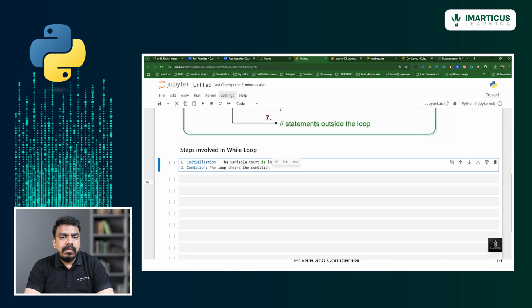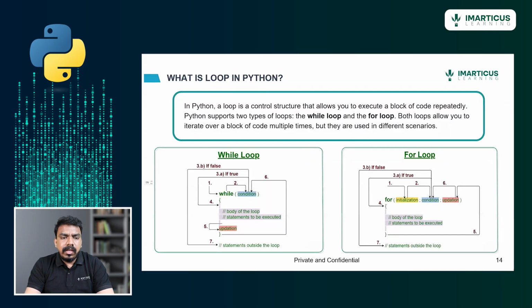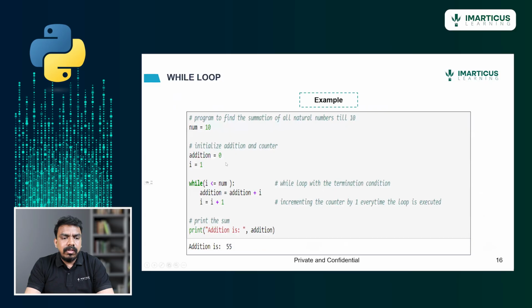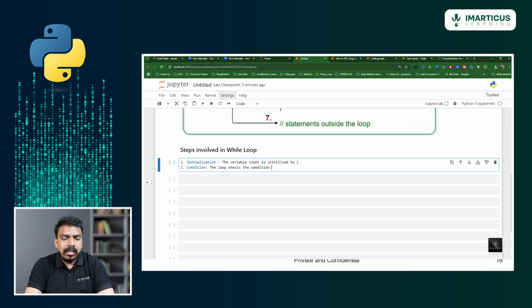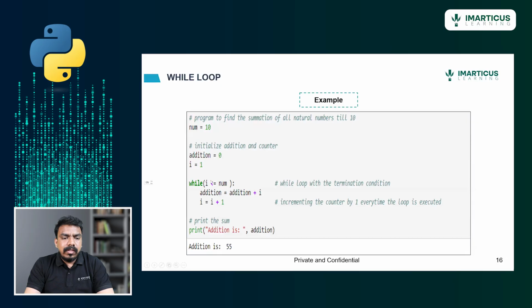That is the example we have taken, right? We took less than or equal to 5 or less than or equal to 10. Here I have taken less than or equal to 10. For example, let me give it as count is less than or equal to 5. This is the condition that you want to mention.